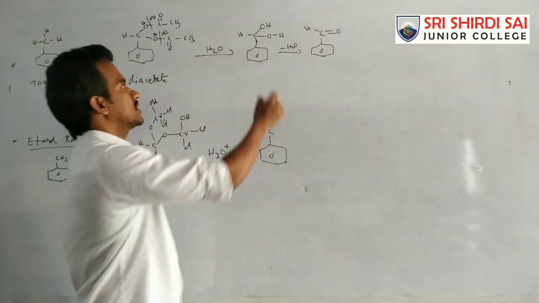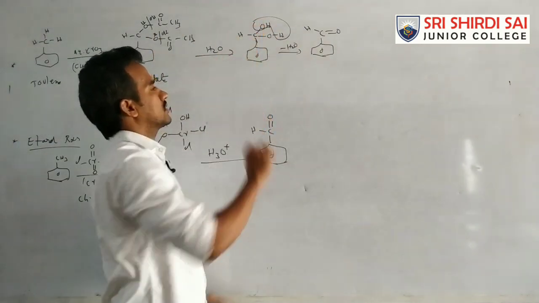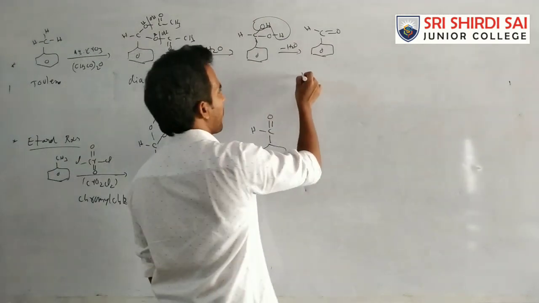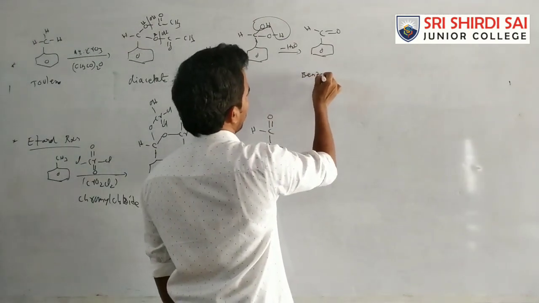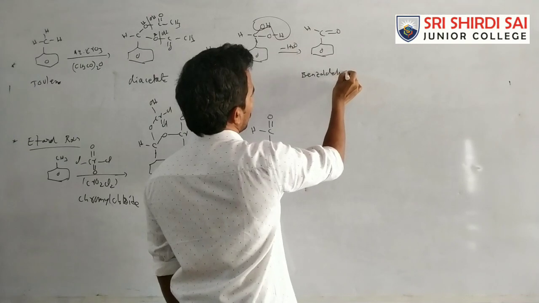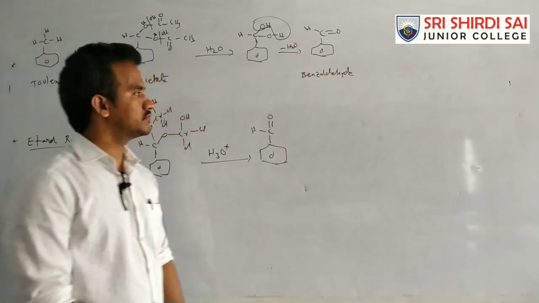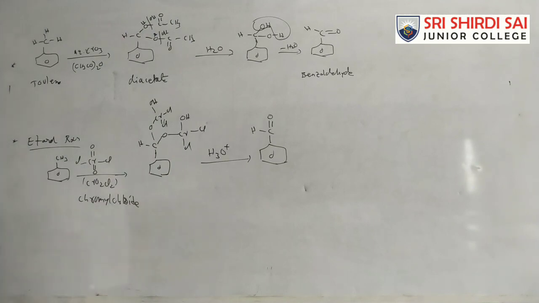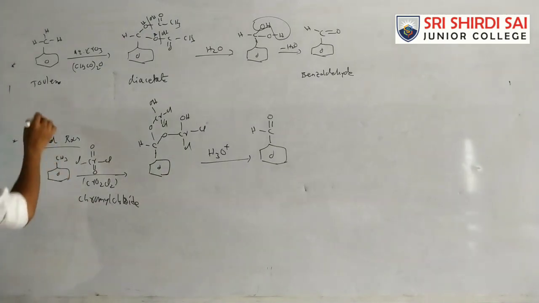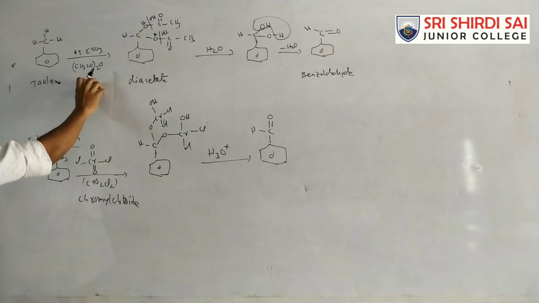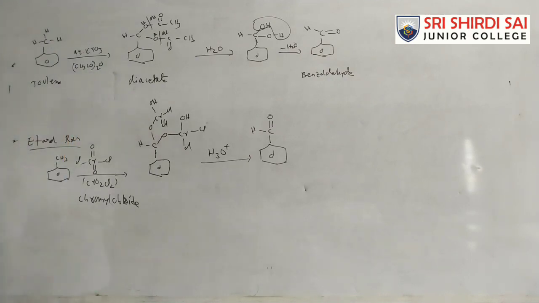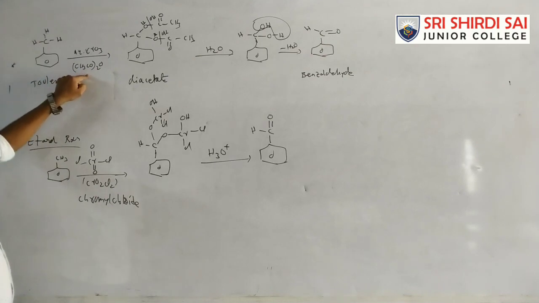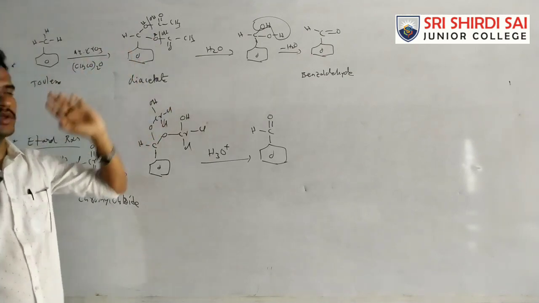This gem diol is unstable, so it loses a water molecule and we get benzaldehyde. That's the direct reaction, and we can refer to the textbook also. Toluene on reaction with aqueous chromic oxide and acetic anhydride, followed by hydrolysis, gives benzaldehyde.